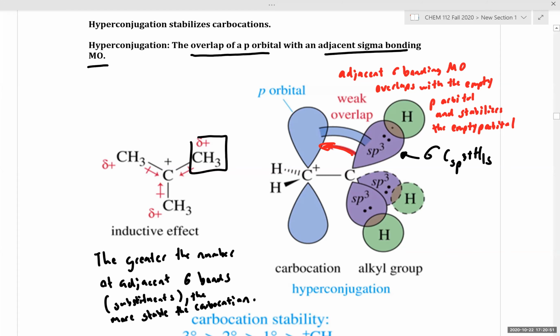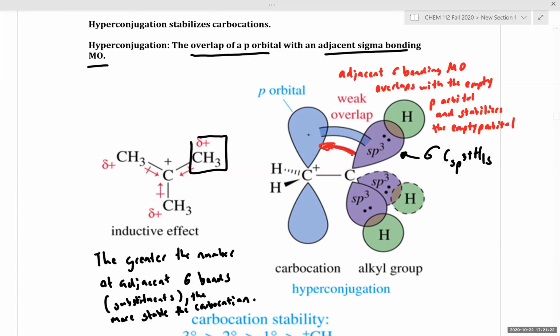Note, these bonds don't necessarily need to be a carbon-hydrogen sigma bond. This hyperconjugation effect also works for adjacent carbon-carbon sigma bonds. In each case, we have a weak overlap between our empty p orbital and our adjacent sigma bonding molecular orbital. We see donation of electron density into our empty p orbital, and as a result, that stabilizes our electron deficient carbocation.